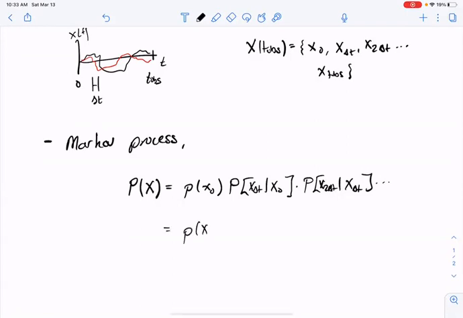So namely, the whole probability of observing any trajectory in a Markovian process is just a product of transition probabilities to go between states of the system at adjacent points in time.